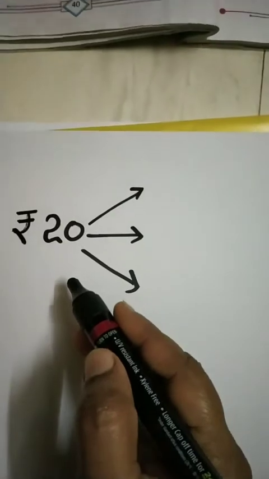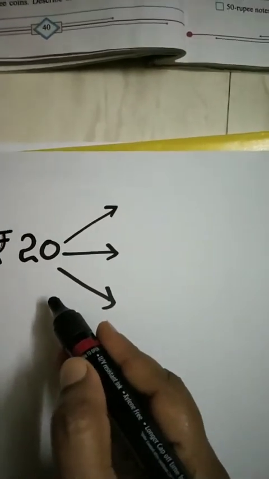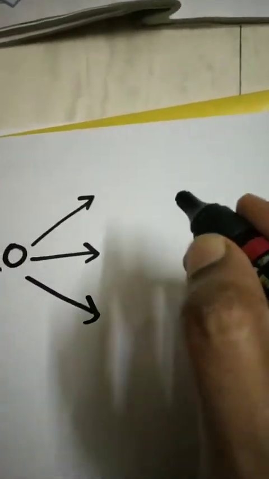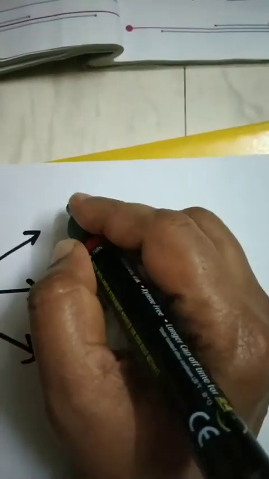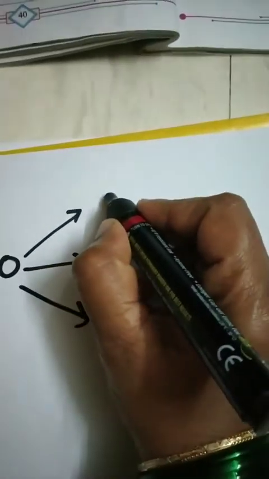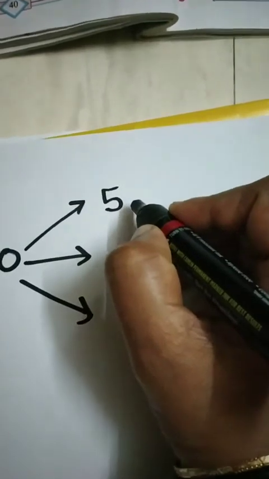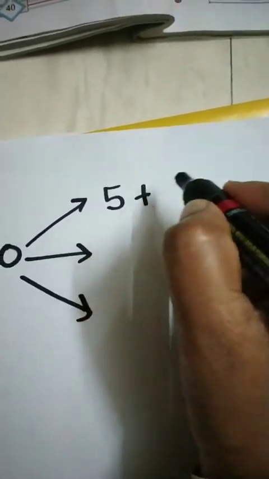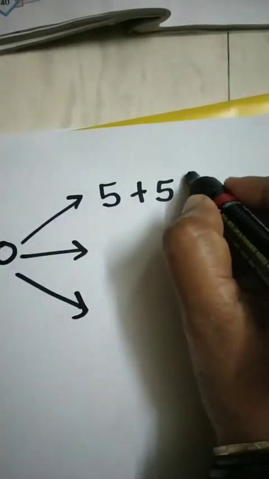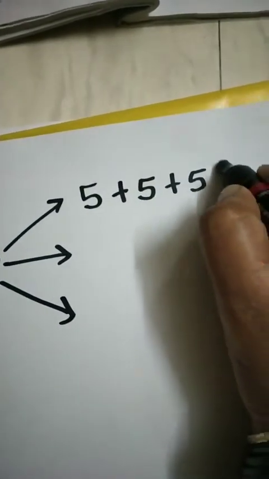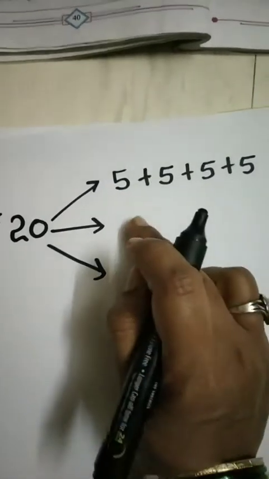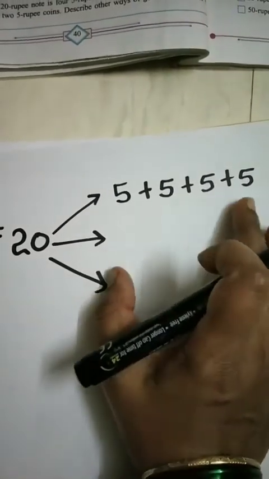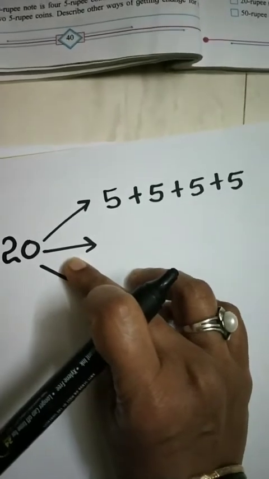Now we'll find out the change for rupees 20. What can be the option? Here we can have ₹5 coin plus 5 plus 5 plus 5. So 4 coins of ₹5 gives you 20.